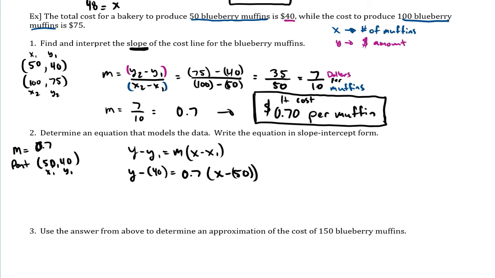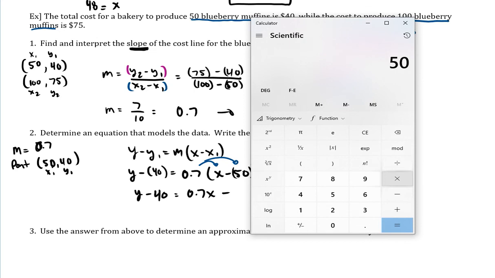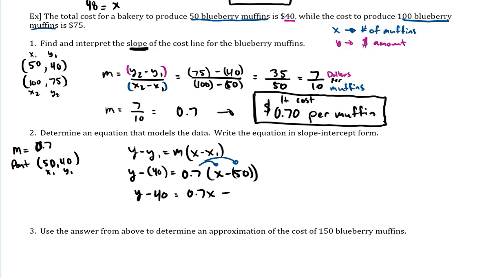Okay, and then even with the decimal, it still works the same way where we distribute. So the 0.7 would distribute. So we'd have y minus 40 equals 0.7x minus, okay, so I'm using my calculator again. Let's just do 50 times 0.7, which gives us 35. Okay, so we have minus 35. And then now let's add the 40 over to both sides.